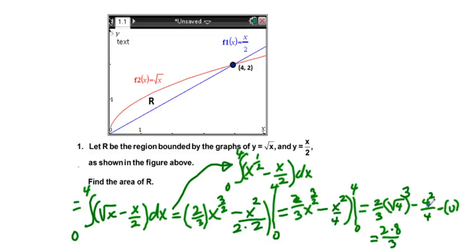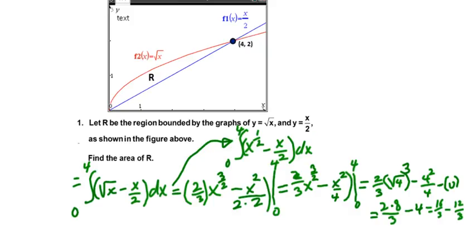And then we have minus 4, because 4 squared over 4 is 4, and that's going to be equal to 16 thirds minus, how many thirds do we have in 4? 12 thirds. So our answer to this is going to be 4 thirds. So that's where we end up.